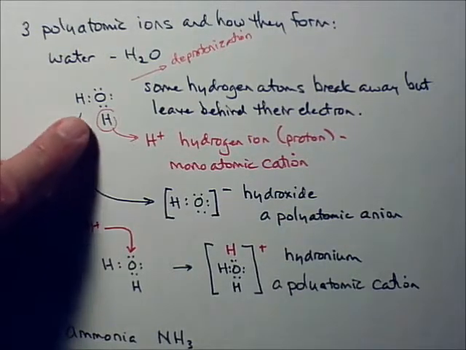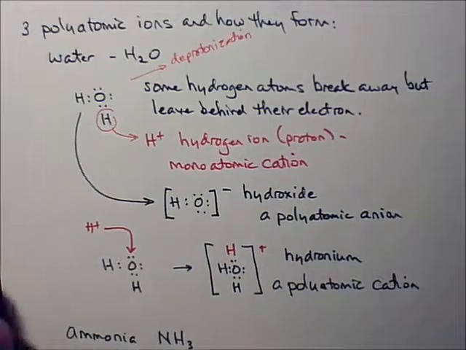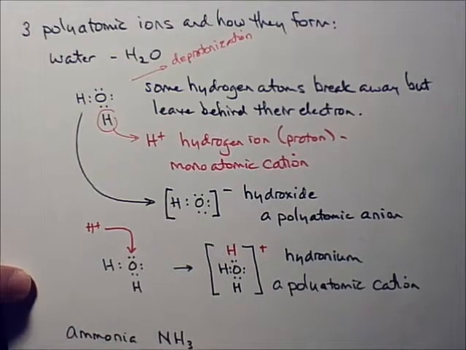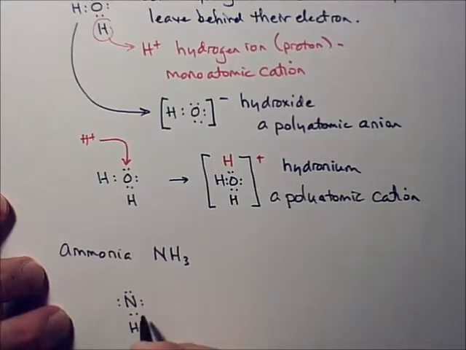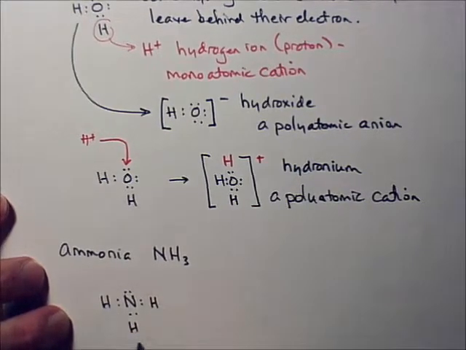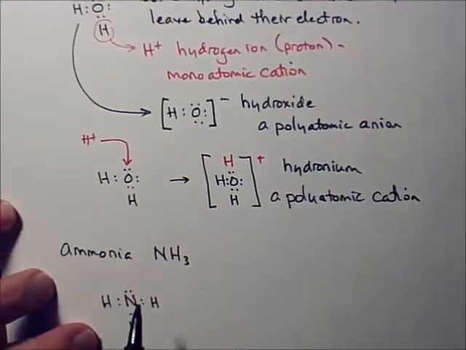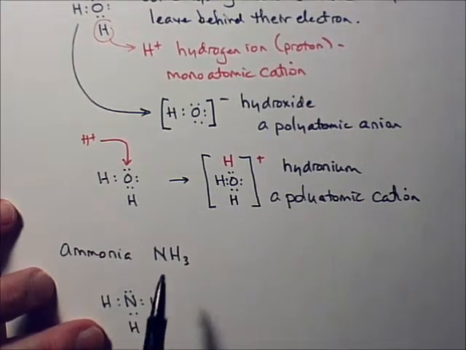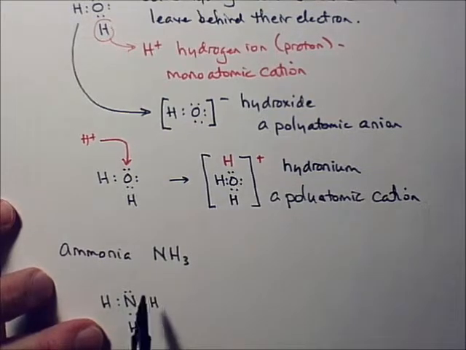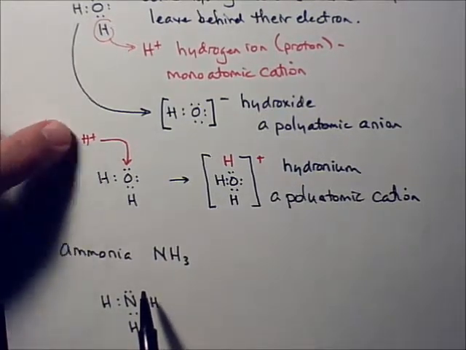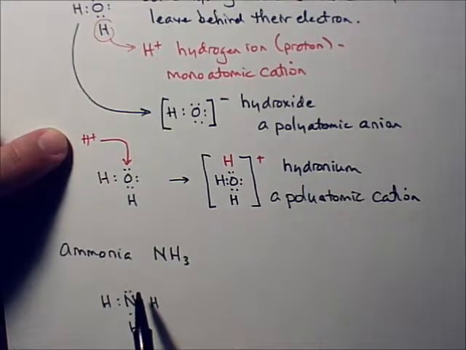In that same homework assignment, you should have figured out that ammonia has a Lewis dot formula that looks like this. Pure ammonia is a gas. But if I dissolve it in water, there are going to be some of these hydrogen ions sitting around. What are they going to want to do if they get near this ammonia?